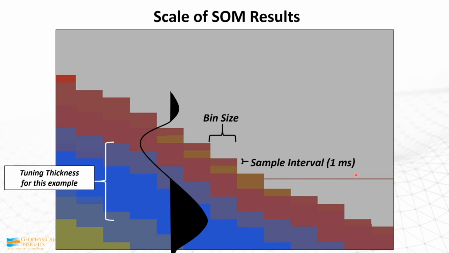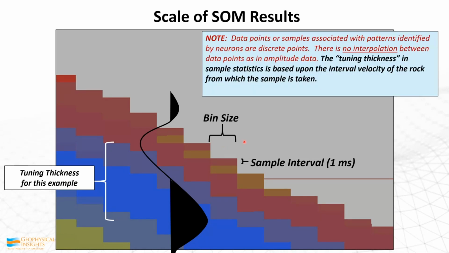Why this is important, and what we're seeing here, is what you end up getting. I call these chiclets, but they're really pixels. And they're determined by the bin size of your data and by the sample height. And in regular seismic wavelet work, we talk about tuning frequency, and so yada yada, you might not be able to see a bed of sand that's 20 feet thick at 10,000 feet.